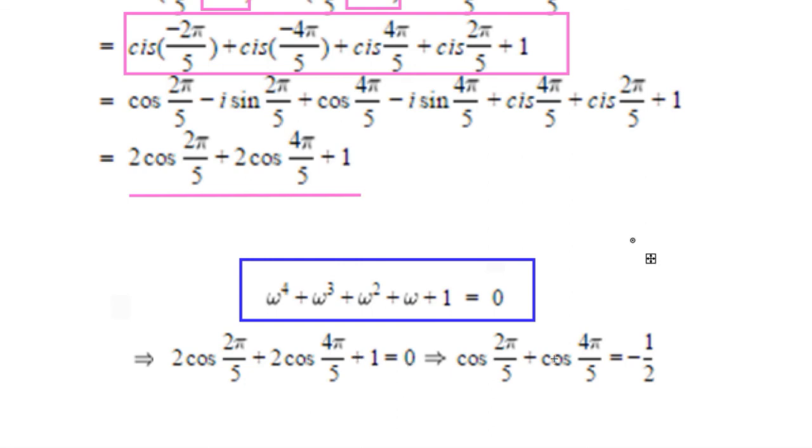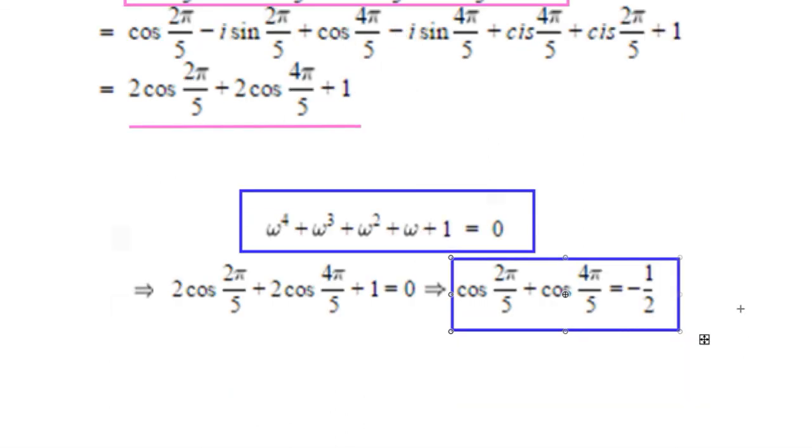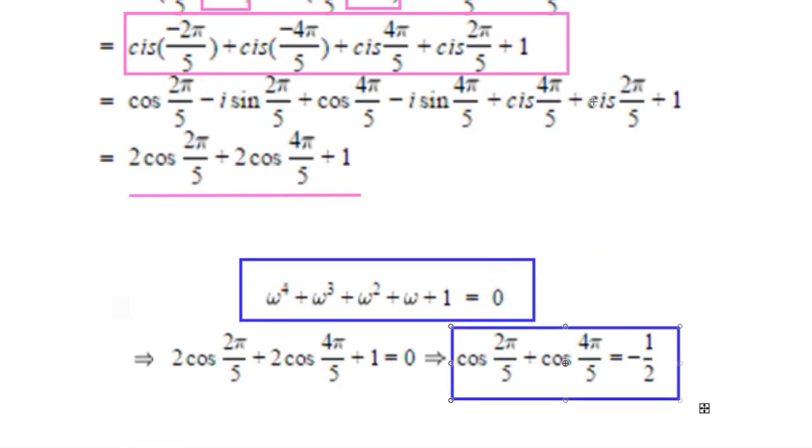And if I make this equal to 0, I can bring minus 1 to both sides, and then I can divide through by 2, and there you have cos 2π/5 plus cos 4π/5 equals minus a half there. Thank you very much for staying with me on that one if you did.